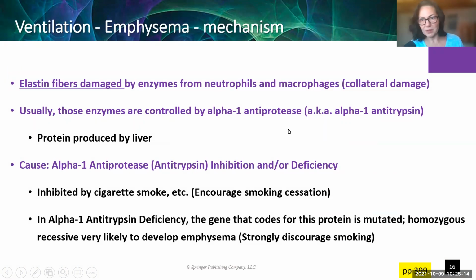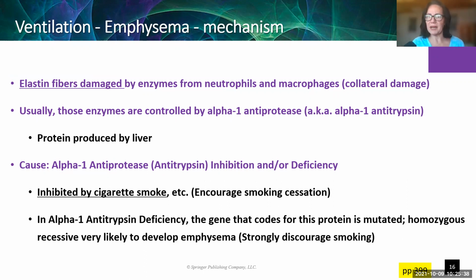Here's the problem. There's a disease called emphysema, and it's directly related to these elastin fibers. But it's a little more complicated than that. The elastin fibers end up getting damaged by enzymes that are made by our own immune system, which seems crazy.